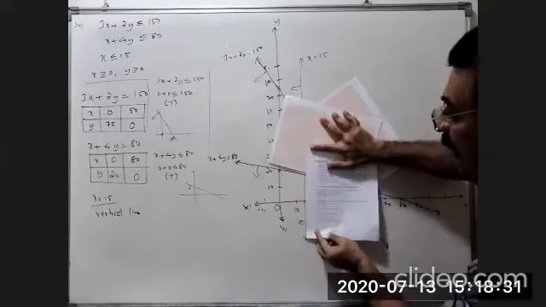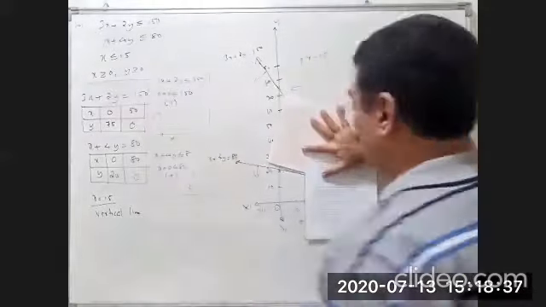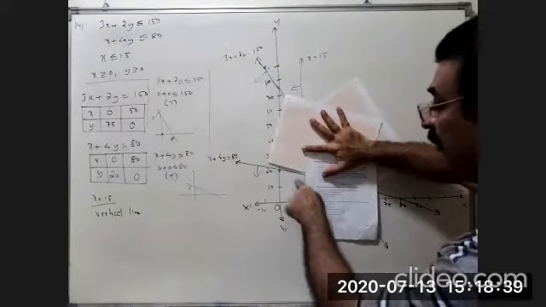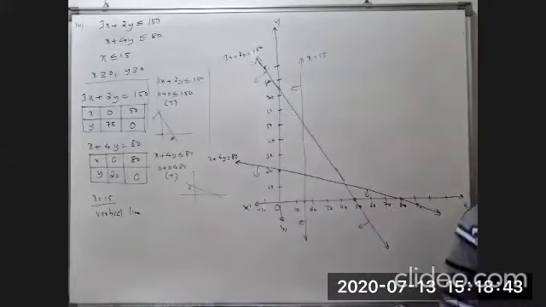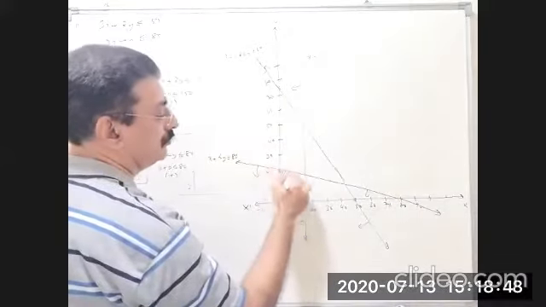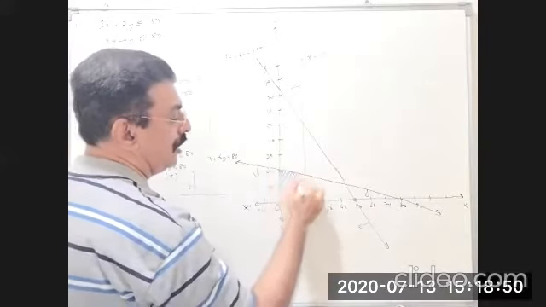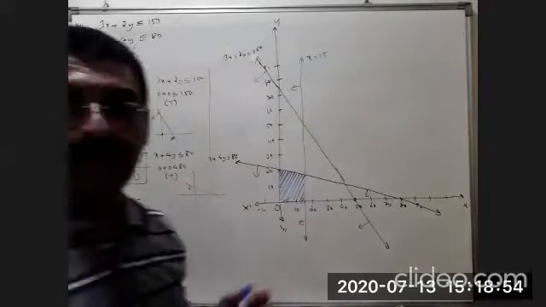Now you can see the area in quadrant 1, only in quadrant 1 because x and y are greater than or equal to 0. In quadrant 1 you can see this quadrilateral. This is our solution.